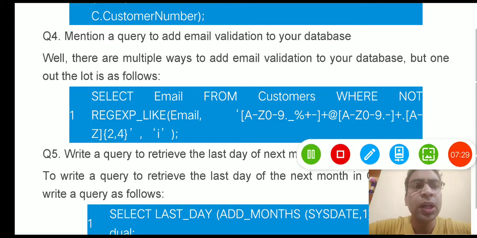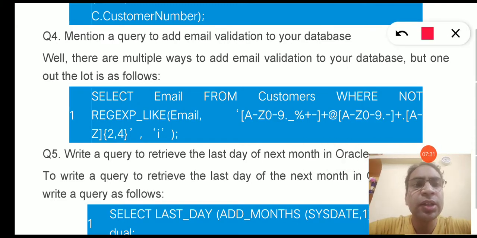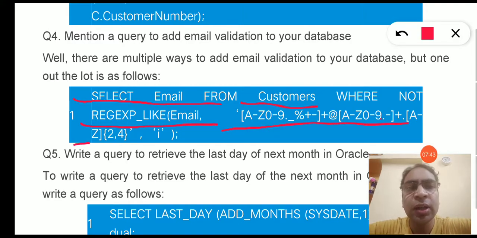So let's see how this can be done. We'll select the column email from the table name, where the regular expression underscore like. So how the regular expression operates: in the first letters we have a to z or 0 to 9 or some special symbols. This is the first condition.